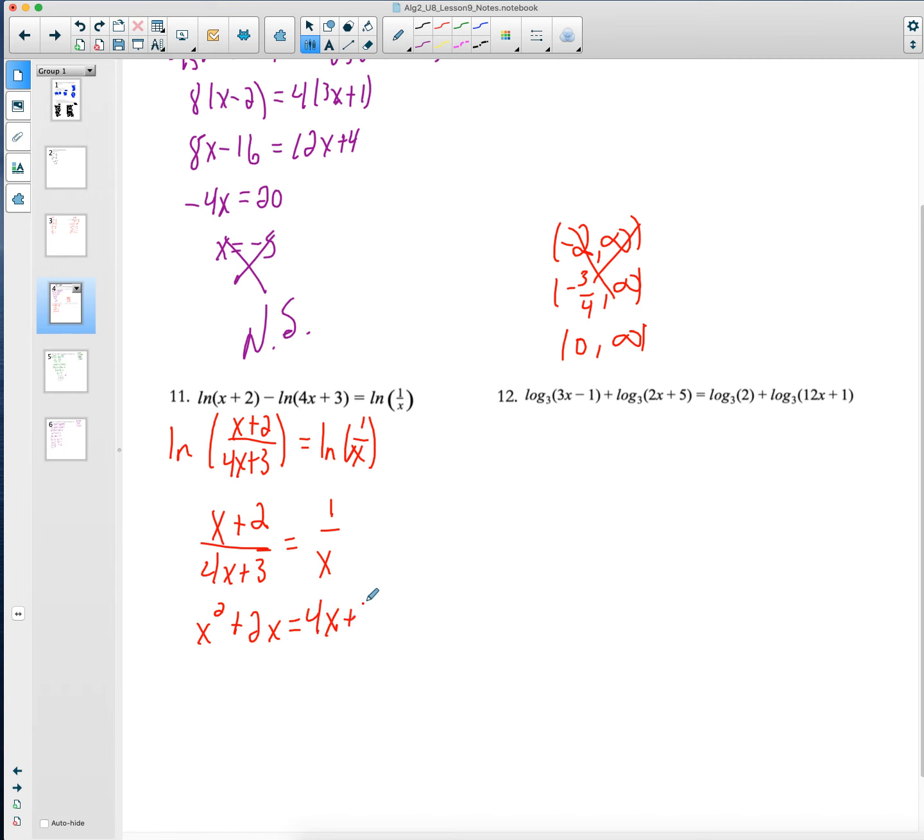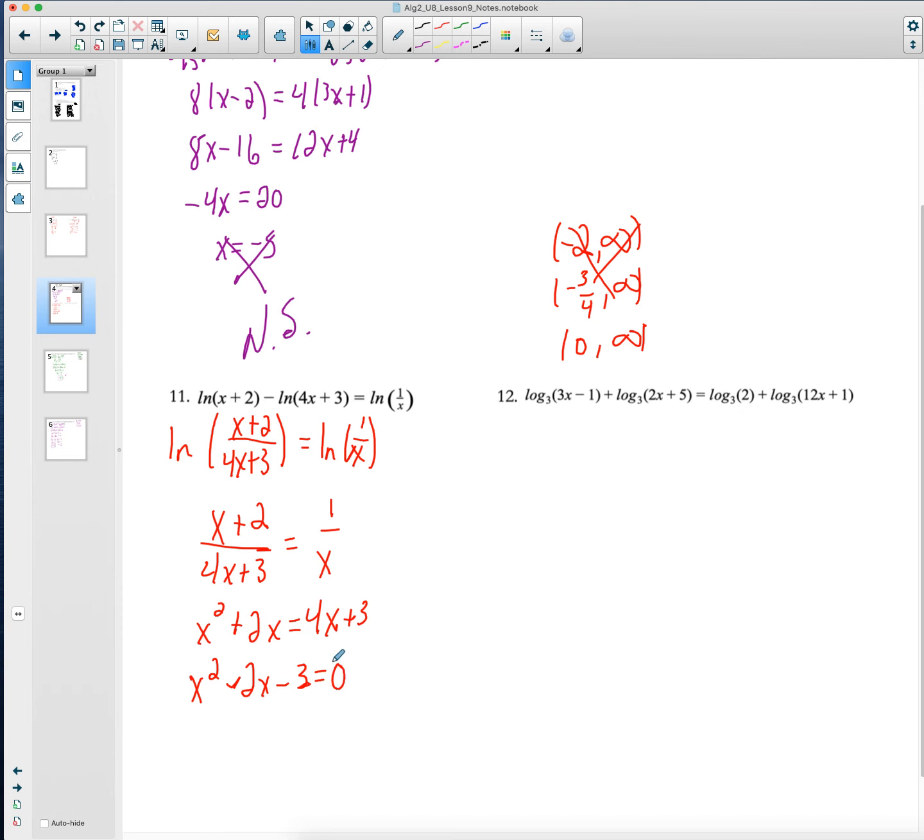And now, once again, we're in that quadratic formula or factoring situation because we have a quadratic equation here. If I subtract 4x from both sides, I get x squared minus 2x, and if I subtract 3 from both sides, I get negative 3 is equal to 0.